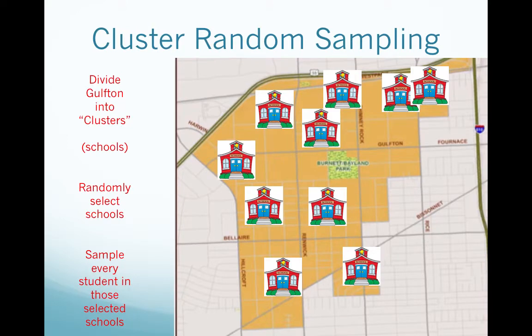In cluster random sampling, the sample is based on clusters. If the Baylor researchers were interested in selecting a sample of 100 kids in their childhood obesity study in the Guitton area of Houston and wanted to utilize cluster random sampling, Baylor researchers might first find the names of each school in HISD.